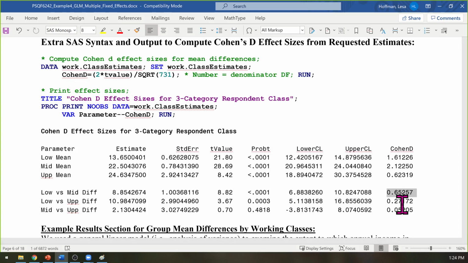The middle group is 0.6 standard deviations above the low group. So I can't remember if I asked for effect sizes in homework 4, but if I did, this is how you would get them. Or I may have just taken it easy on you and asked for only model parameters. We'll find out. And as always, words.